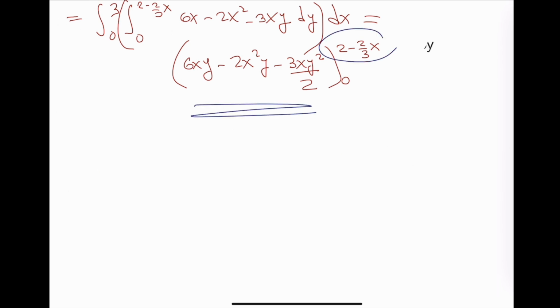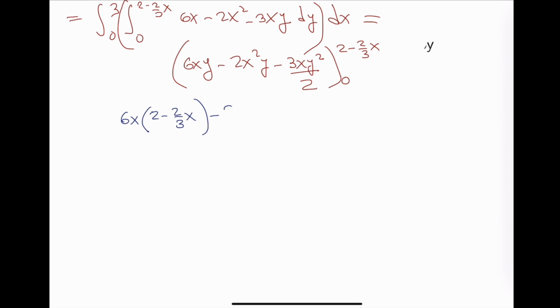Evaluating now this function here, we're going to get 6x times all that, right? 2 minus 2/3 x, minus 2x squared, 2 minus 2/3 x, minus 3x, 2 minus 2/3 x squared over 2.